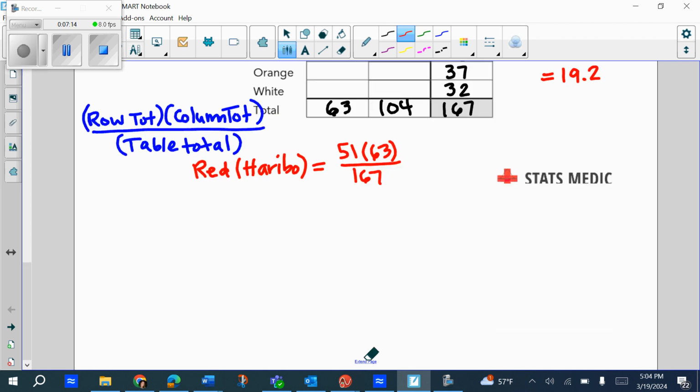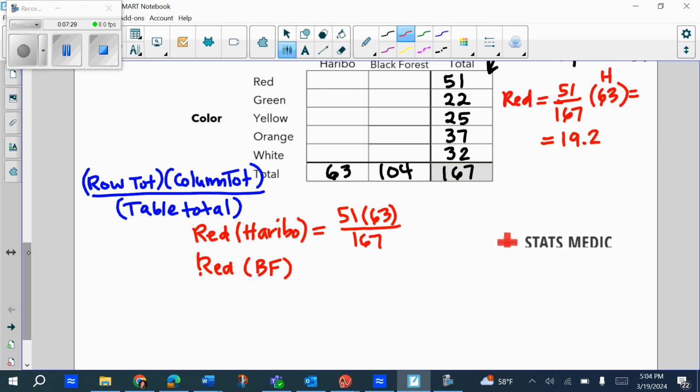And then you could do the same thing for the Black Forest. It would be 51 times 104 divided by 167. And that gives you our numbers.